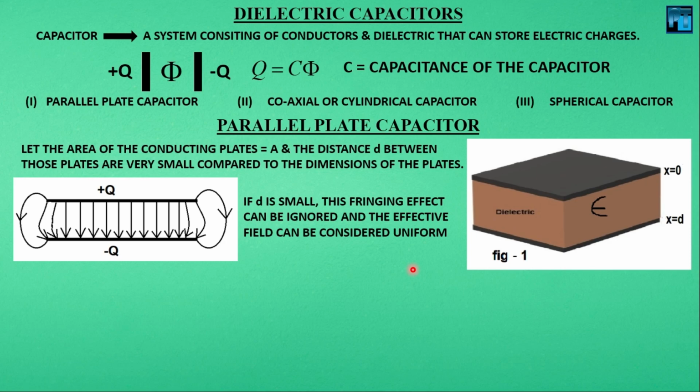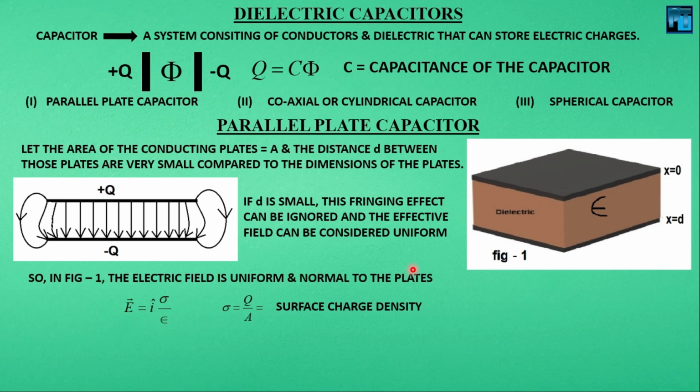Okay, now we shall use E equals sigma by epsilon. If I take this as the positive x direction, then we can add i cap, or we can simply use the magnitude, E is sigma by epsilon.